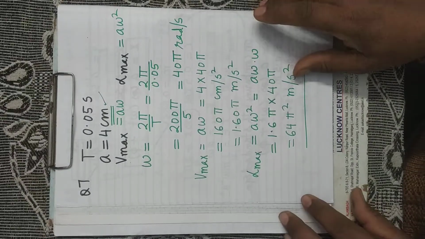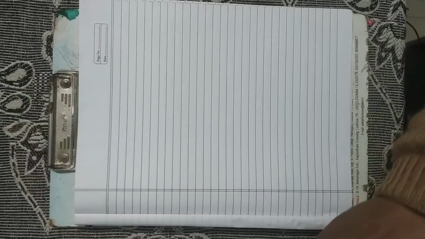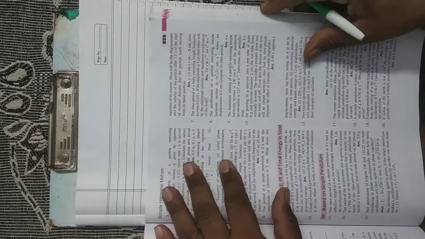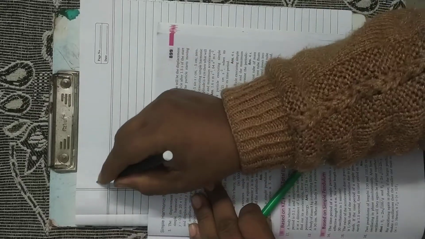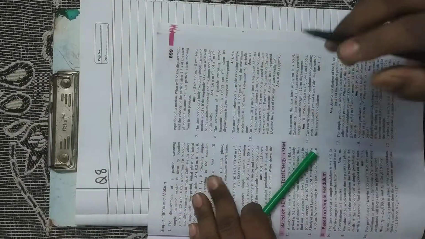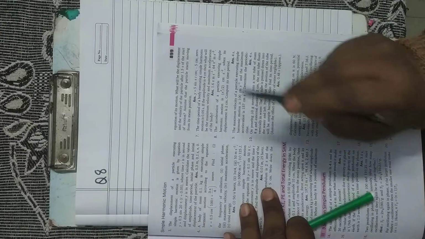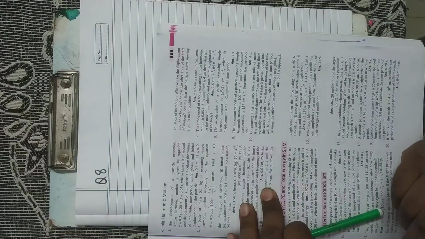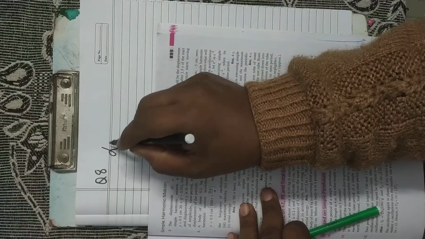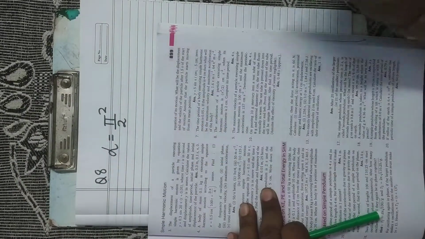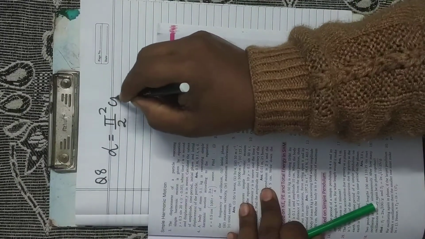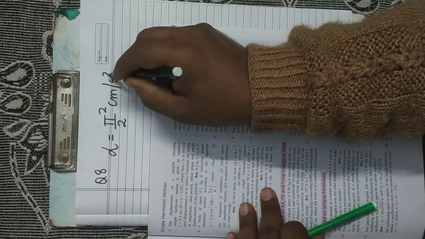Now see question number 8. The acceleration of a particle executing SHM is given: alpha is pi square upon 2 centimeter per second square.